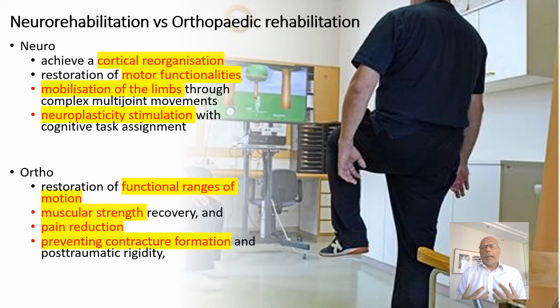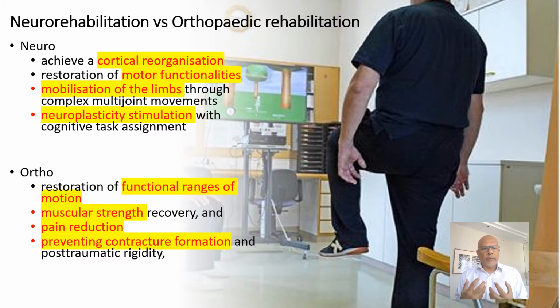So when you look at rehabilitation, there's a significant difference between orthopedic rehabilitation and neural rehabilitation. What are the functional outcomes that we are looking for in neural rehabilitation? You want to get cortical reorganization as a result of the injury, so as to get motor function with the mobilization of the limb, taking into consideration that neural plasticity can occur due to the formation of new synapses.